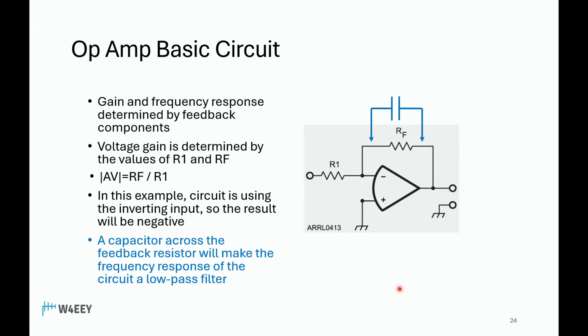One was called the Op Amp Cookbook, I believe. The ARRL handbook has got a fairly decent sized section of all the different things you can do with op amps. But this one you'll need to recognize. Capacitor across the feedback resistor will make it act like a low pass filter.